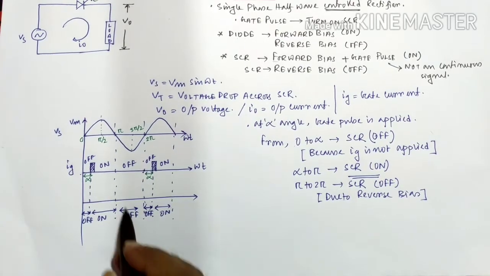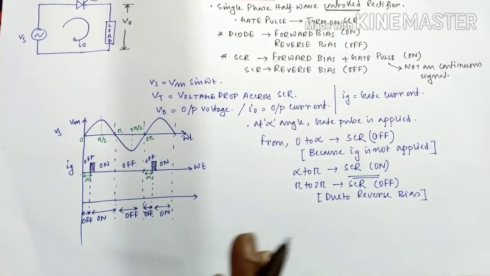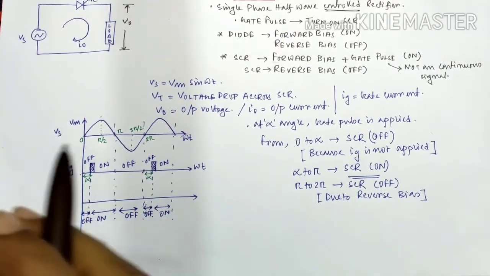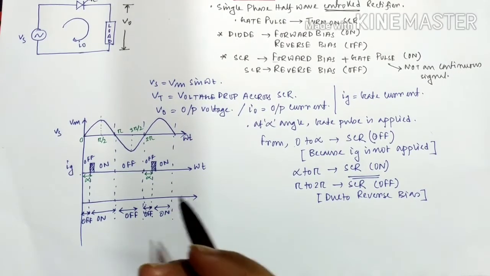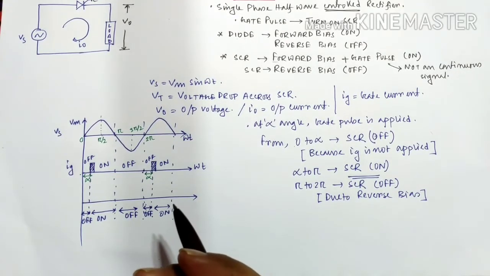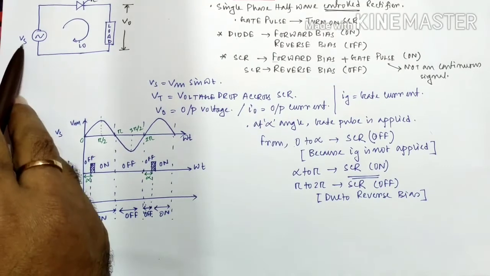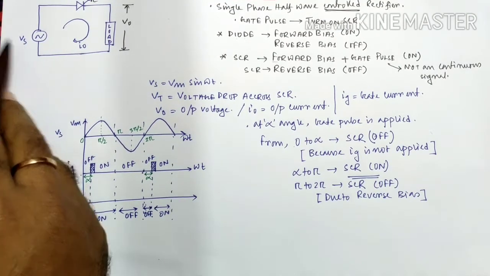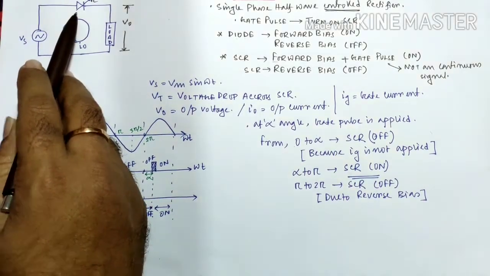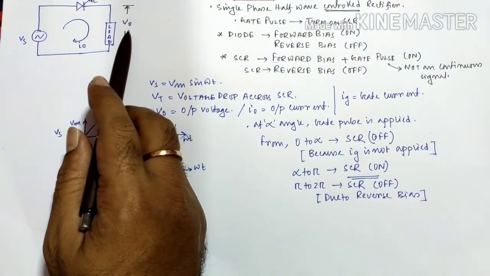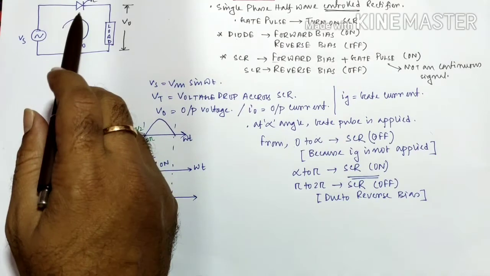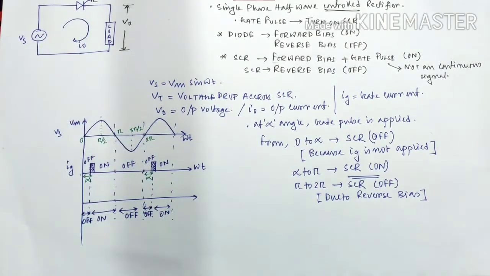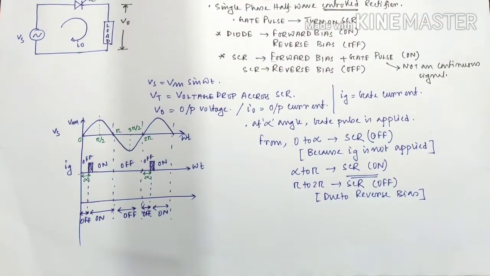We need to understand clearly at what particular angle of the given supply voltage SCR is on. And we know that we will get the output voltage V0 only when SCR conducts. So our output voltage depends upon whether the SCR is on or not.